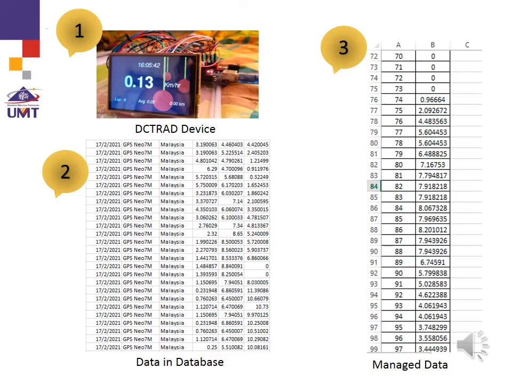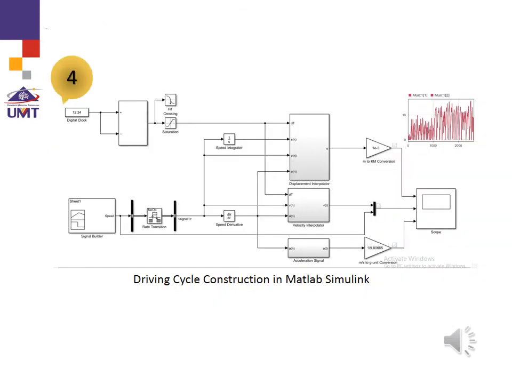The second image shows the data uploaded into the database from DCTRAD, and the third image shows the filtered and managed data of the data in the database as per image 2. The fourth image shows the driving cycle construction in MATLAB Simulink, or in short, the conceptual design of the driving cycle tracking device.